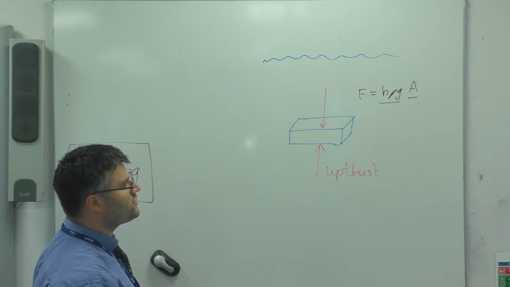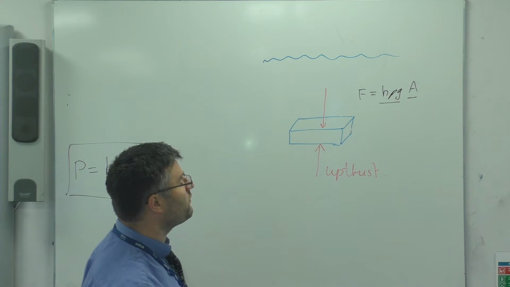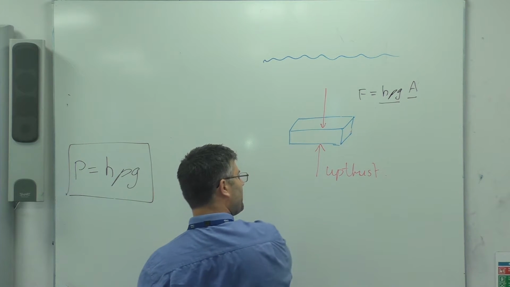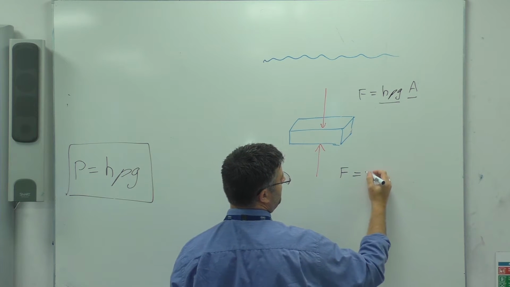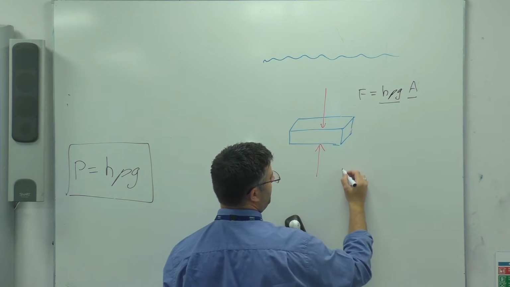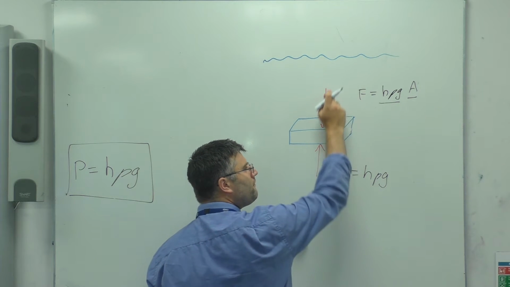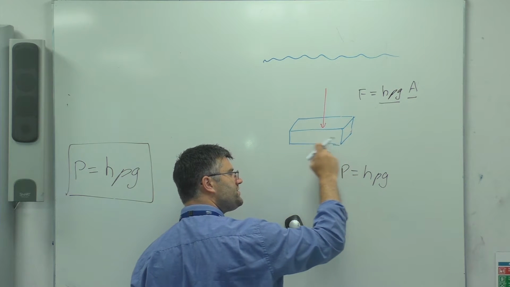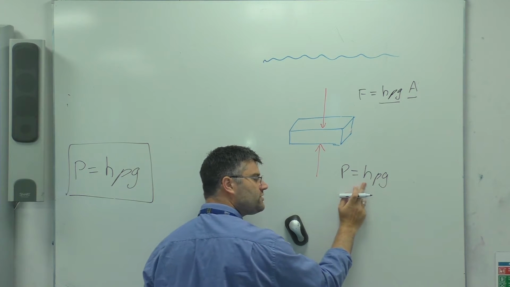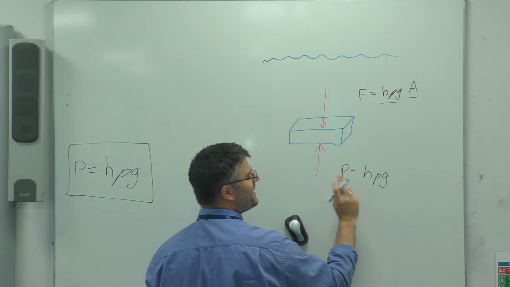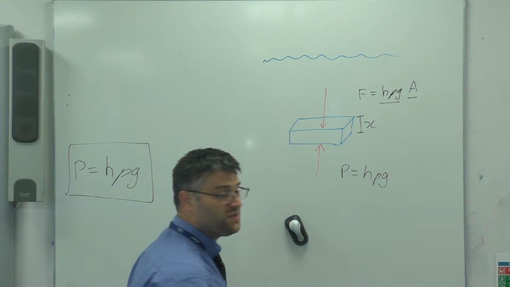And we've got a force that is a result of the pressure at the depth. So I'm just going to rub out the word upthrust. We're going to start with the pressure. Pressure is equal to h rho g at that depth. Now, bear in mind, this surface here has some extra depth, and we're going to assign that a letter, the same letter it's assigned in your book, which is x.